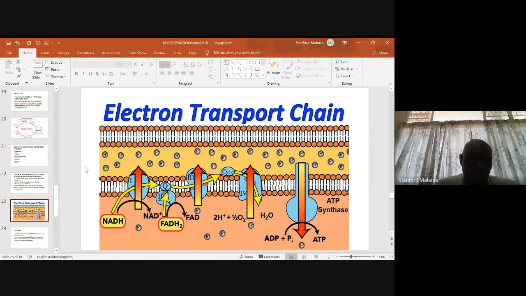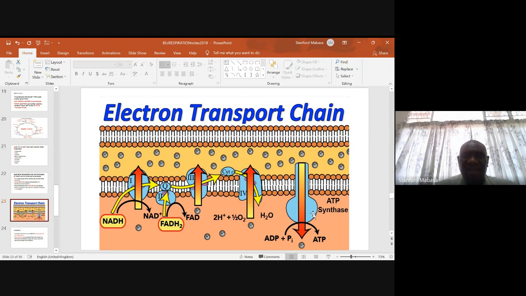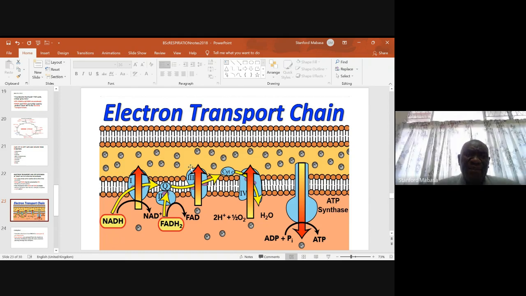We have got complex 1 here, complex 2 here, complex 3 here, and complex 4. These are the parts involved with the electron transport chain. And on the extreme end, we've got ATP synthase, which is involved with the ATP production. So what happens is that this is actually taking place within the mitochondria.